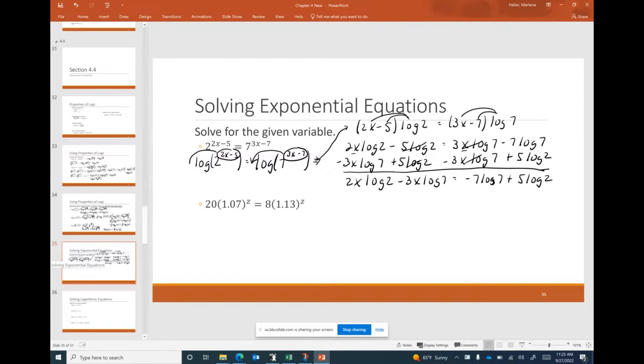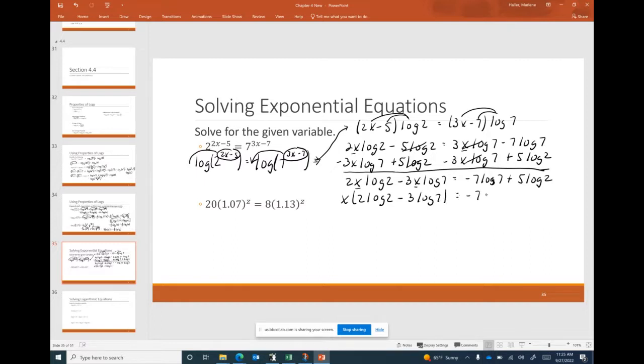All right. Okay, now I need to solve for x. I can't combine these terms, because I don't really know exactly what those values are. So probably the easiest thing to do is let's just factor out that x. So when I do, what's left is 2 log 2 minus 3 log 7.